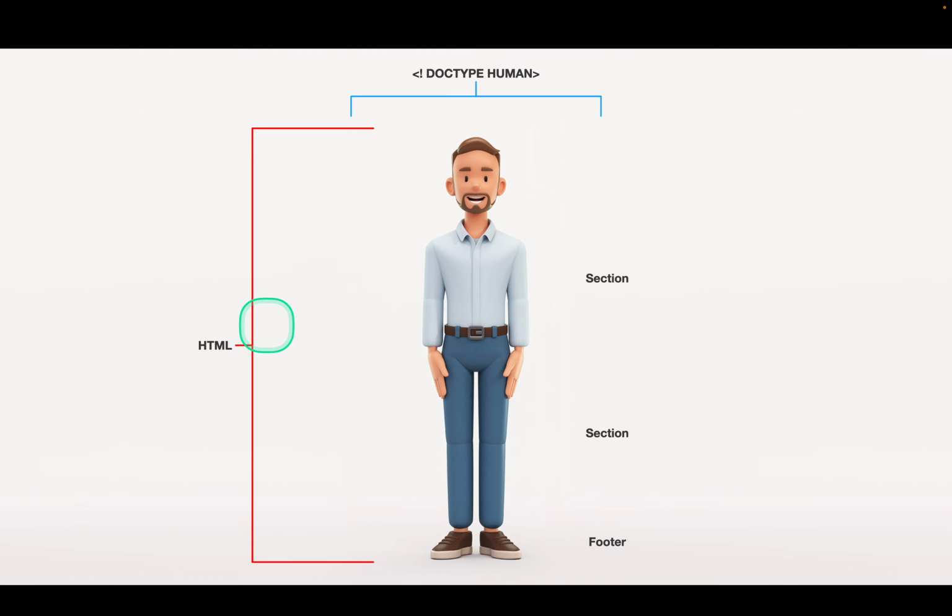Then over here, we can say, okay, all of this, starting here, going down to here, that's what the HTML really covers, everything that makes up our human here. And this is further divided up into a head section. We looked at that before.